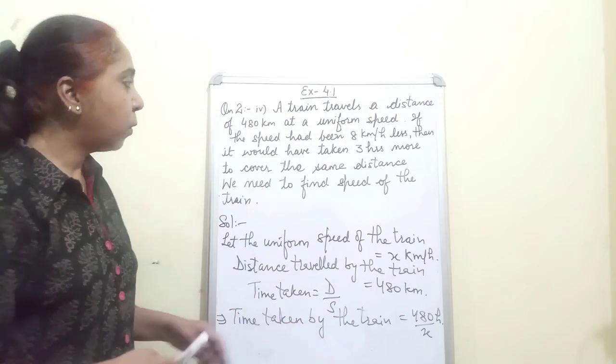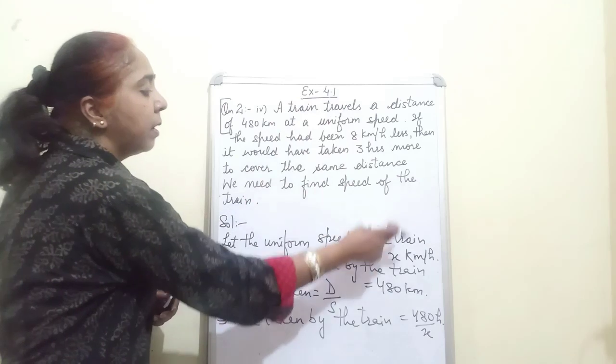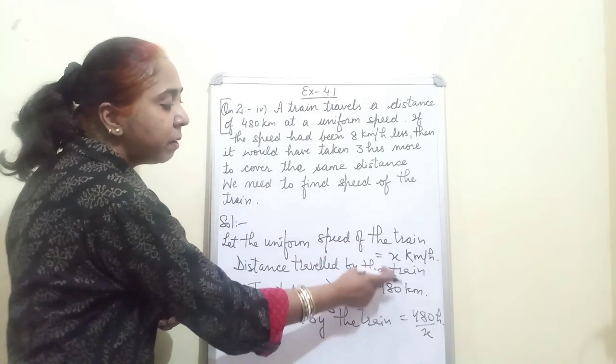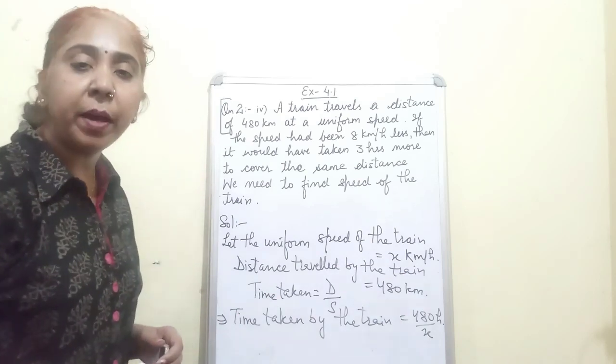So this is according to the given question: the train covers a distance of 480 km with the speed x km per hour, then the time taken will be 480 by x.